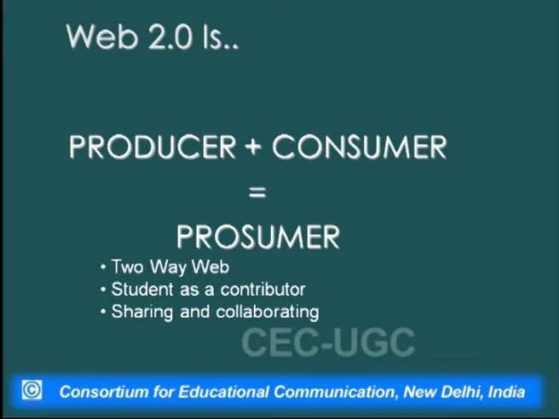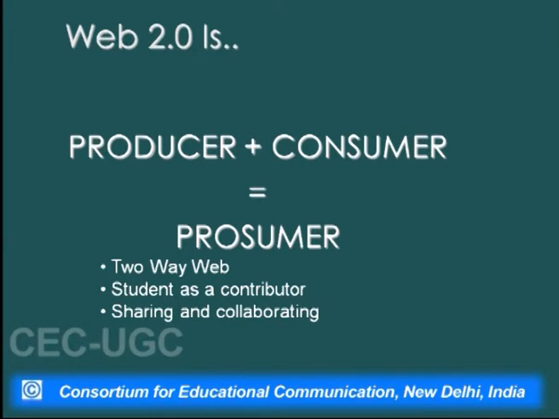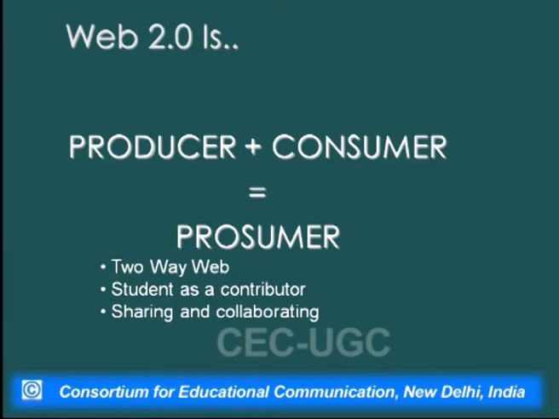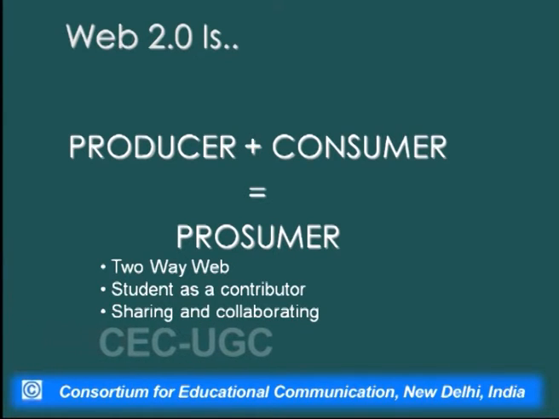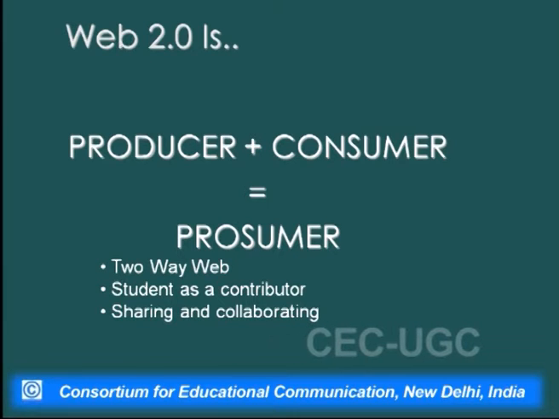As we have just mentioned, it is the combination of the producer: you can produce the content, and consumers are there, the two-way web is there, the student as a contributor is there, sharing and collaboration. So a student can contribute a lot using these kinds of tools. The content is given back to the system and very important things will be taken care of.